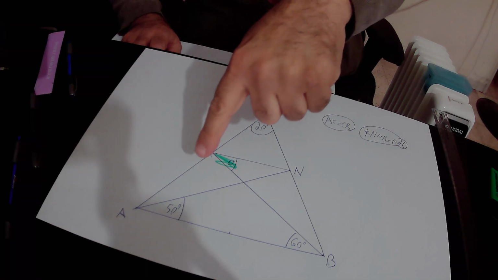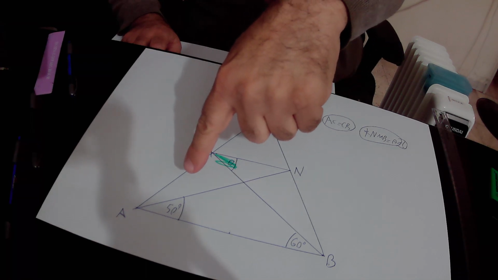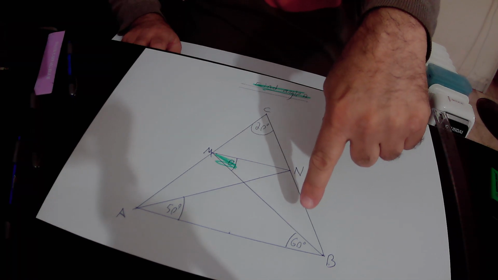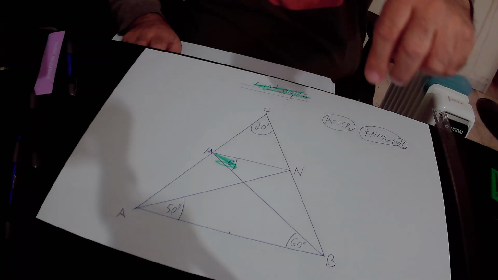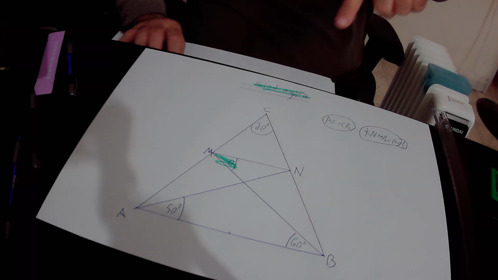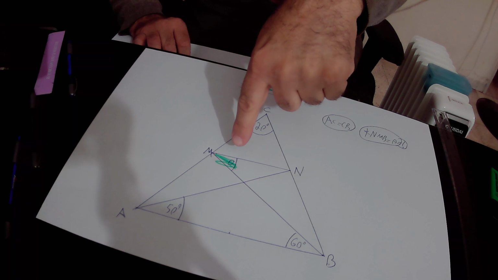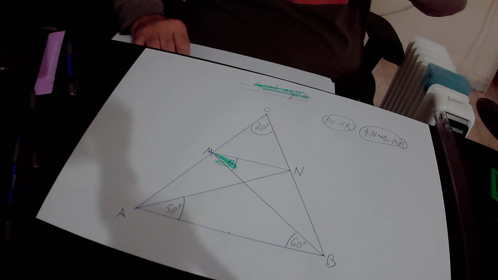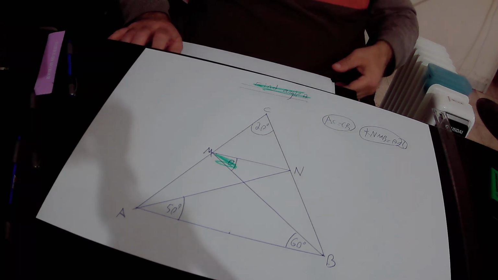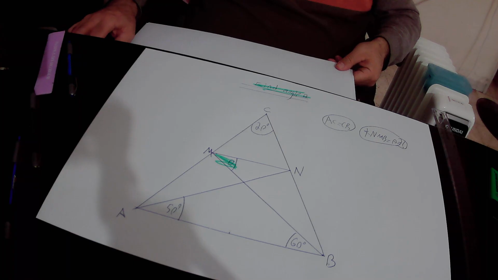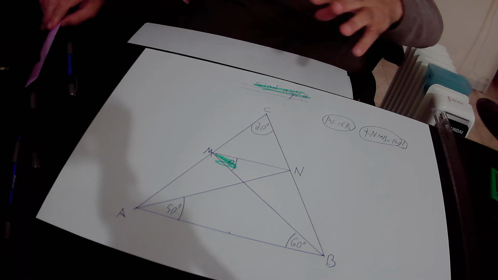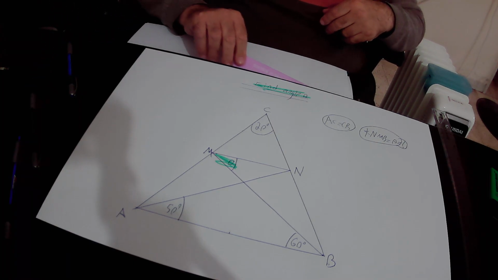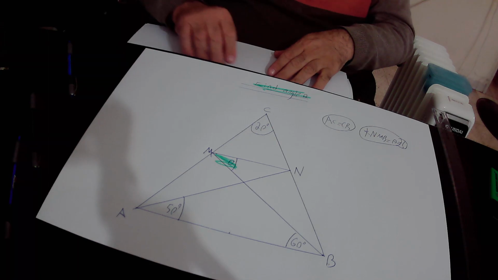This angle NAB equals 50 degrees in size, and this angle NBA equals 60 degrees in size. Our mission is to find the value of this angle NMB that is equal to theta. So we'll focus on triangle ABC. I copy triangle ABC in a new page and analyze it.